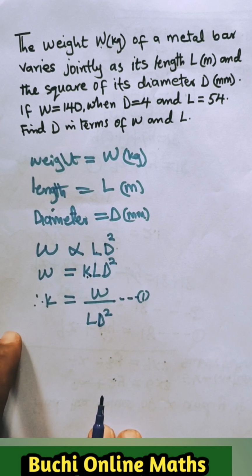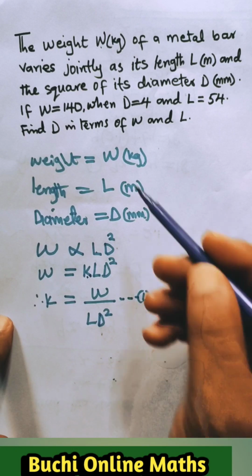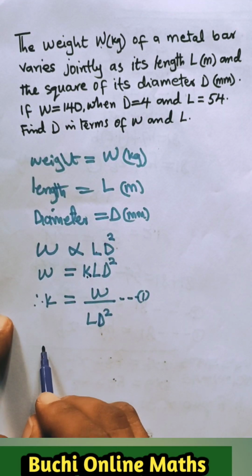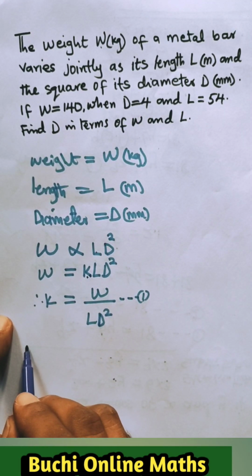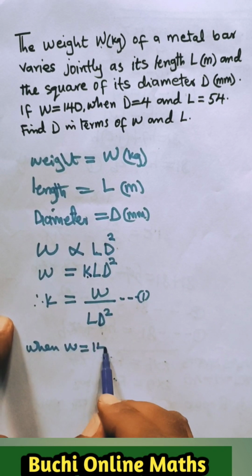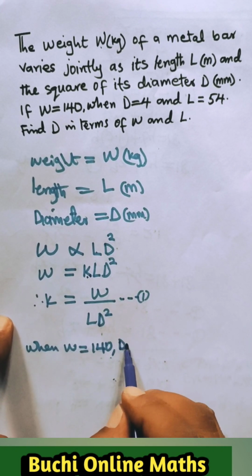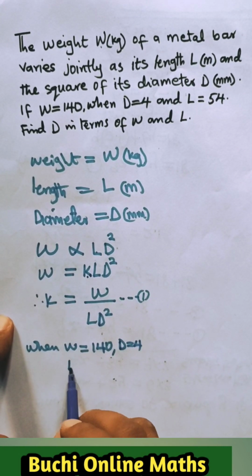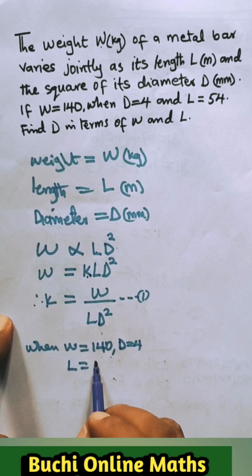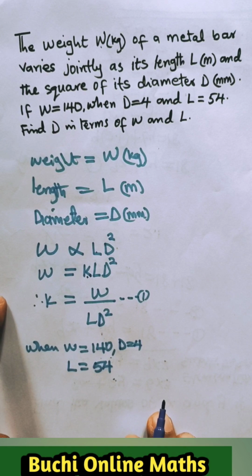Now let us fix in the values of W, D, and L to get the value of k. When W equals 140, D equals 4, and L equals 54, let us find the value of k.